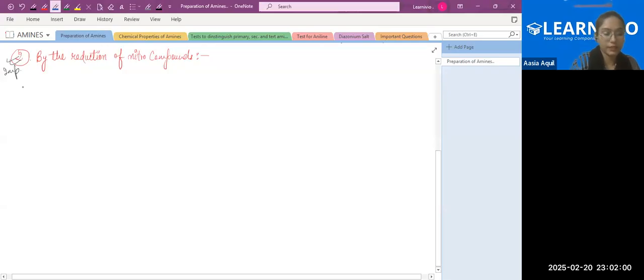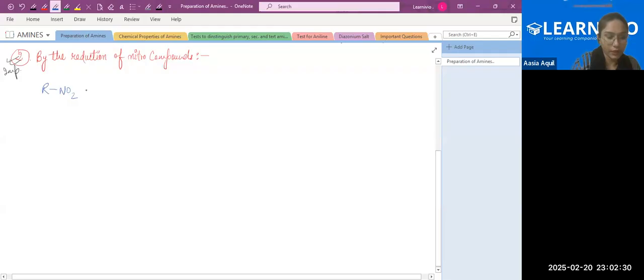Here, the reduction of nitro compounds to primary amines will occur. We can use Sn/HCl, or Fe/HCl, or any strong reducing agent like lithium aluminum hydride, or a catalyst like H2 with nickel catalyst.